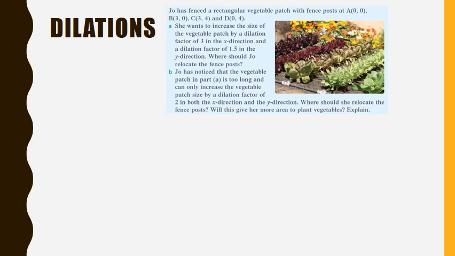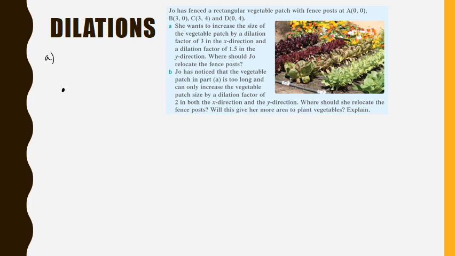Okay. Joe has fenced a rectangular vegetable patch with fence posts at (0, 0), (3, 0), (3, 4), and (0, 4). A, she wants to increase the size of the vegetable patch by a dilation factor of 3 in the x direction and a dilation factor of 1.5 in the y direction. Where should Joe relocate the fence posts? Best way to do this without having to do much is draw it out.